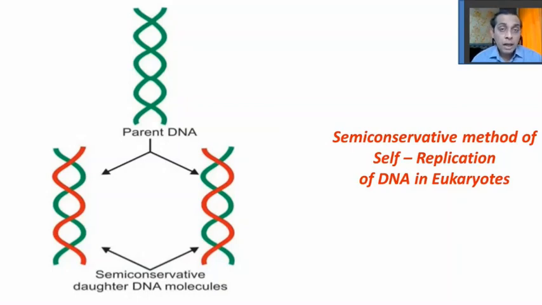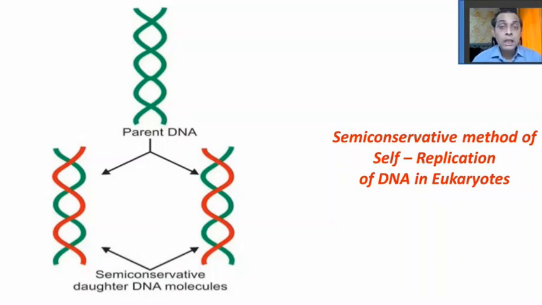But you also notice that in the daughter DNAs, one strand is old and the other is new. It means that the replication of DNA is semi-conservative.